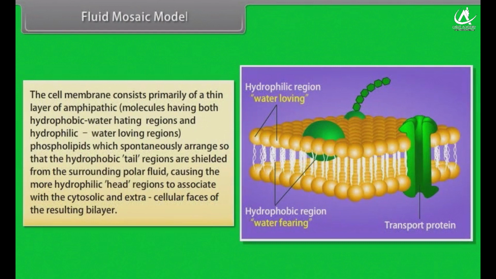The cell membrane consists primarily of a thin layer of amphipathic molecules having both hydrophobic, water-hating, and hydrophilic, water-loving, regions, phospholipids, which spontaneously arrange so that the hydrophobic tail regions are shielded from the surrounding polar fluid, causing the more hydrophilic head regions to associate with the cytosolic and extracellular phases of the resulting bilayer.